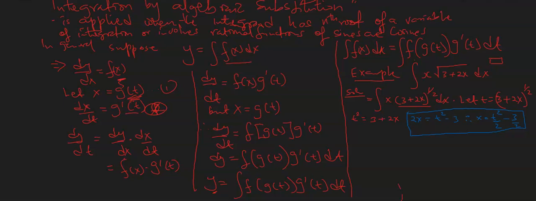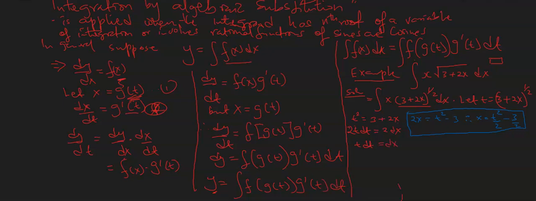If you differentiate both sides, this side with respect to t, you get 2t dt, and the right hand side with respect to x, you get 2 dx. 2 is common, then you are left with t dt equals dx.